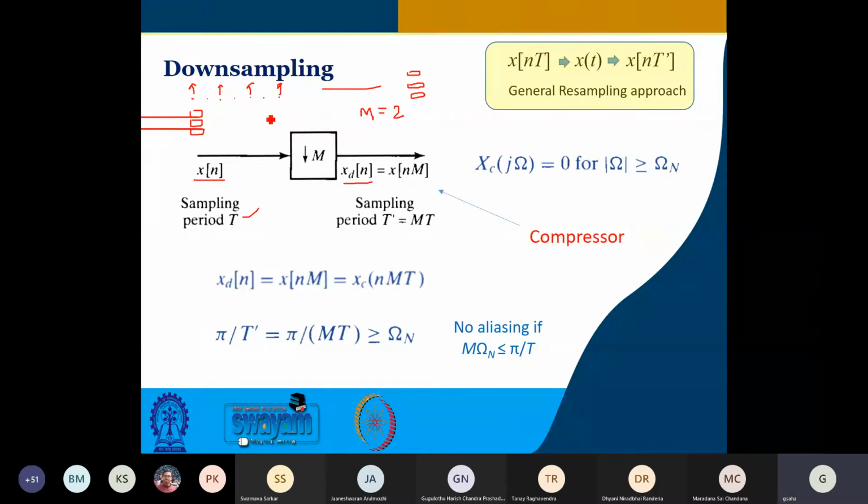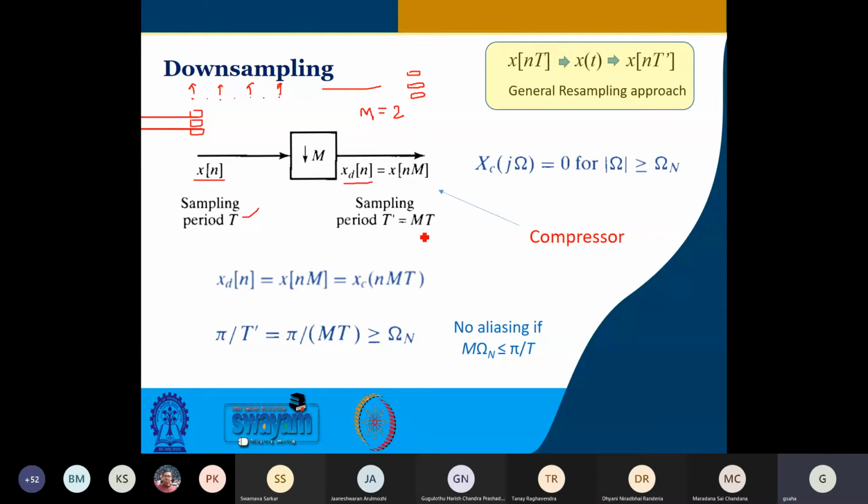While this is correct as far as the definition is concerned, in actual implementation we need to be careful about certain things. Can somebody tell me what we need to be careful about while implementing what I have just described, that we take every second, third or fourth sample depending on M equal to 2, 3, 4, and have a downsampled version of the original signal sampled at a period T?